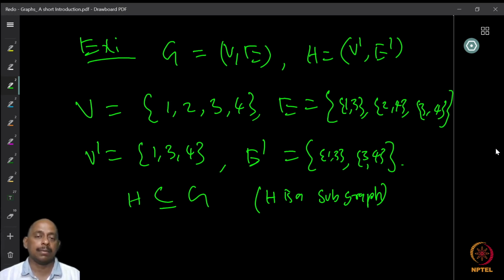H is a subgraph of G because V dash, which is 1, 3, 4, is a subset of 1, 2, 3, 4, and E dash is a subset of E, which is {1,3}, {2,4}, and {3,4}. So E dash is {1,3} and {3,4}. Therefore, the graph H on 1, 3, 4 with the edge set {1,3} and {3,4} is a subgraph of the graph G.